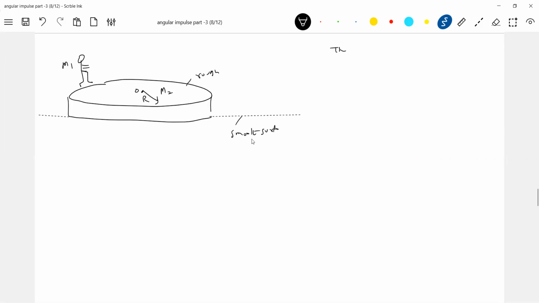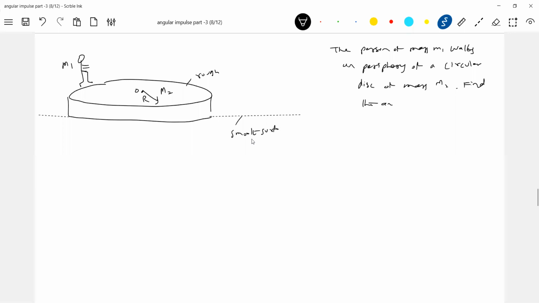The person of mass m1 walks on the periphery of a circular disk of mass m2.